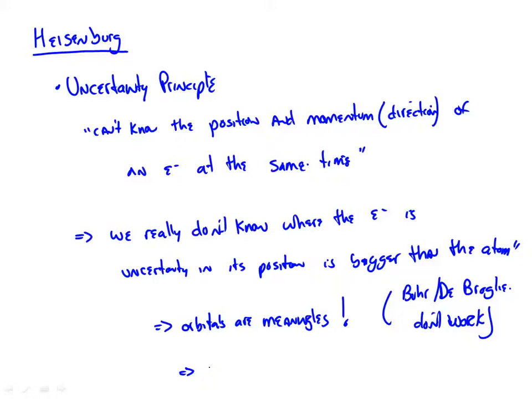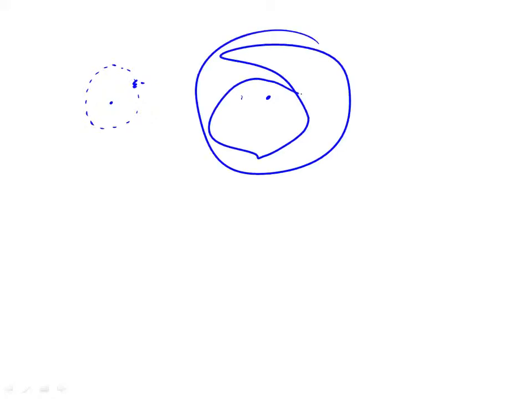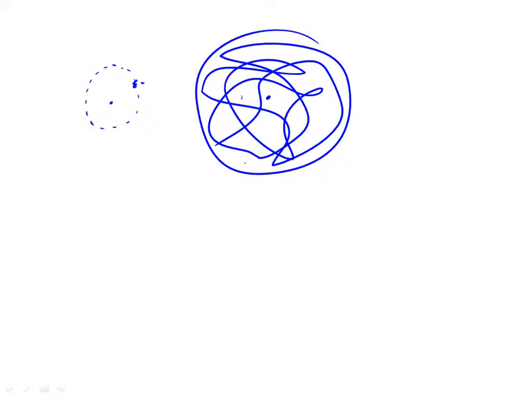Orbitals are meaningless. So what he's really saying is that here's the Bohr model. It says the electron is here. He's saying that the uncertainty in the position of the electron is it could be anywhere in a cloud. So he's actually kind of advocating a little bit the Rutherford model.